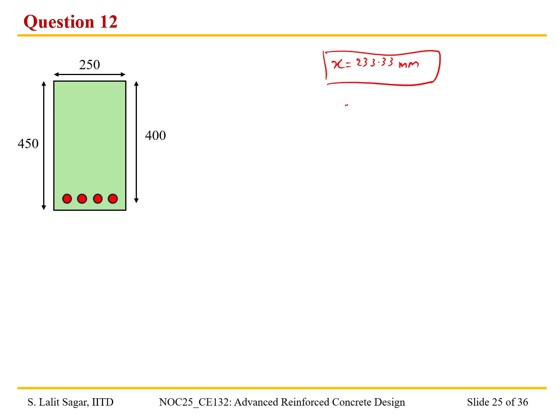And Cc is equal to Ts, right? I'll take another color now. We have Cc is equal to alpha 1 into f prime c into beta 1 into x into b. And Ts would be Fs into As, right?